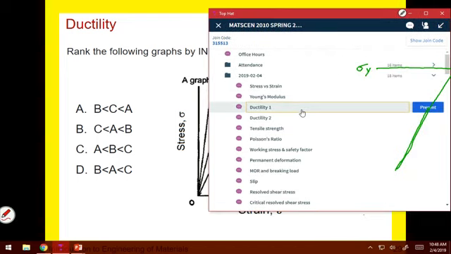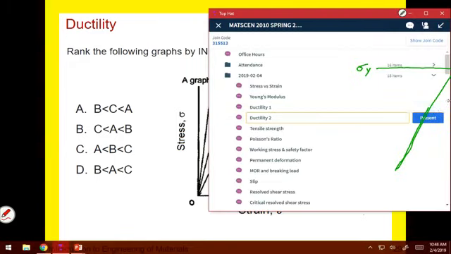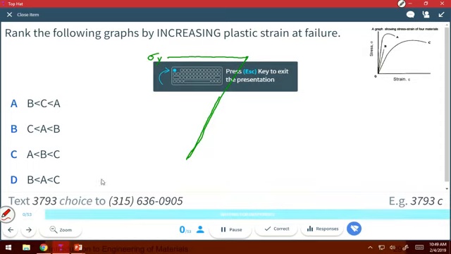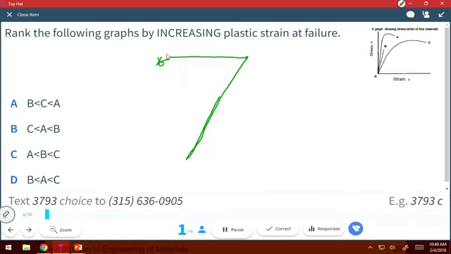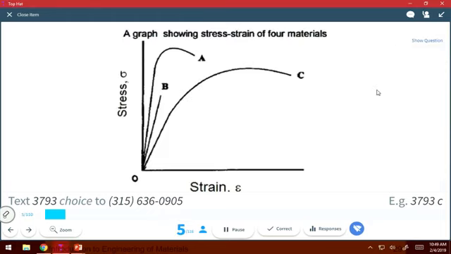Let's look. Speaking of ductility, let's practice that. Well, actually, I think this is ductility 2. So if you had 3 stress strain curves, called A, B, and C, it says here 4 materials, but the last one was deleted.